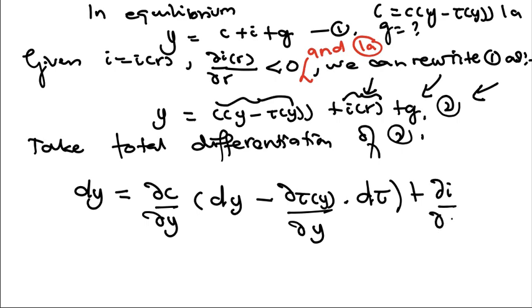Delta I over delta R dR. Can you see? Because investment is a function of R, partially differentiate investment with respect to R, and then totally differentiate R because we don't do partial differentiation of R, because R now is exogenous. It doesn't depend on anything else in the system or in the equation. What about G? G is also exogenous. It doesn't depend on any other variable in the system or this equation too. So we use d instead of delta. Is it clear? So call this one equation 3.